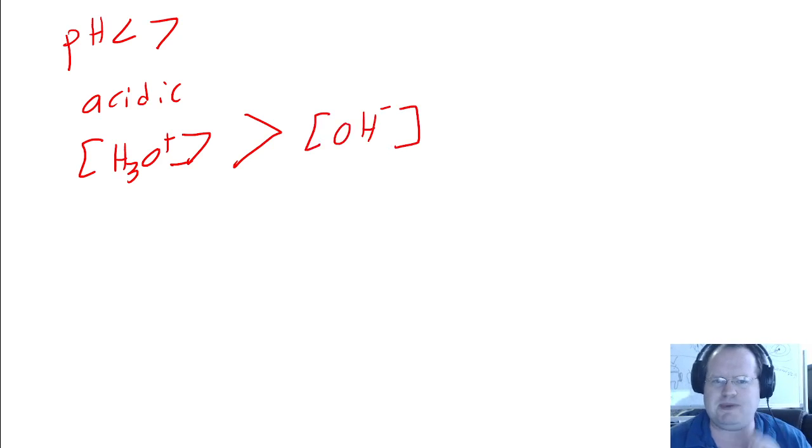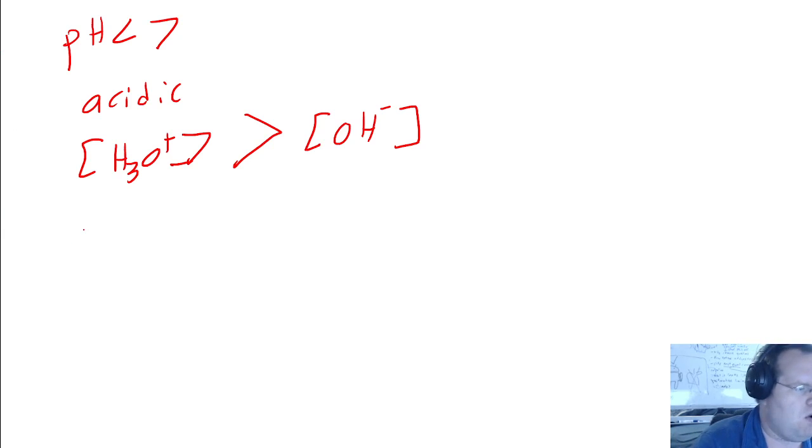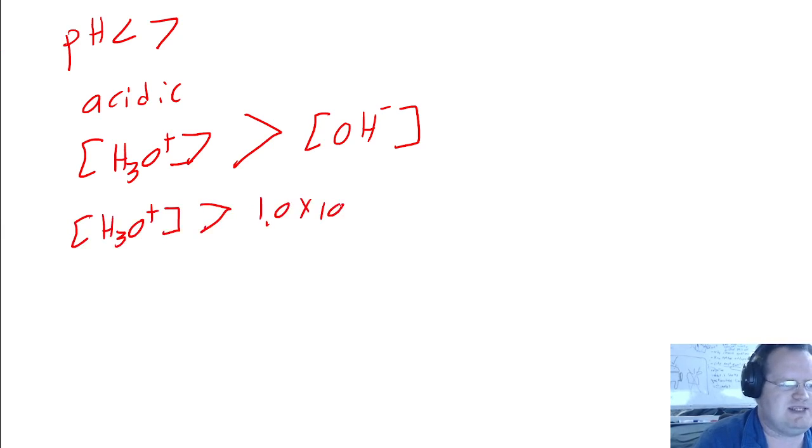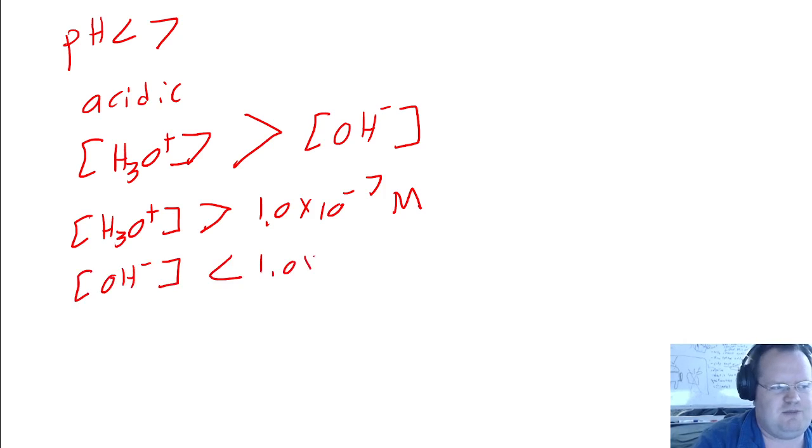At a pH of less than 7, H3O+ is going to be greater than 1.0 times 10 to the negative 7 molar. When you plug that value back into Kw, as long as H3O+ is greater than that, OH- is going to give you some value that is less than 1.0 times 10 to the negative 7th molar. So this is why 7 is that dividing line between acidic and basic.